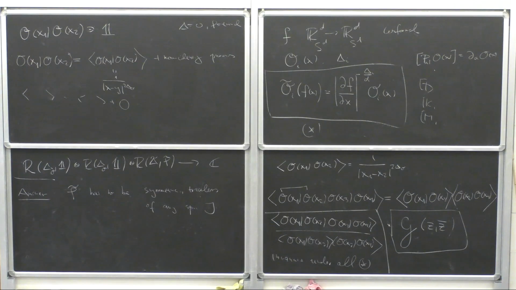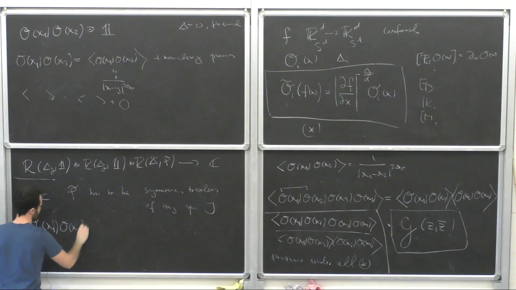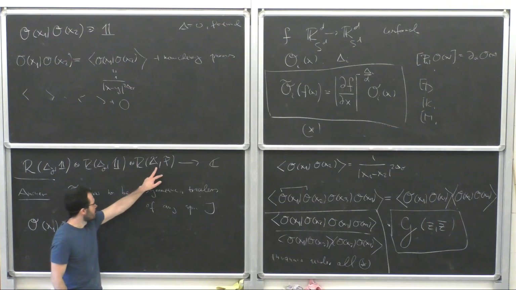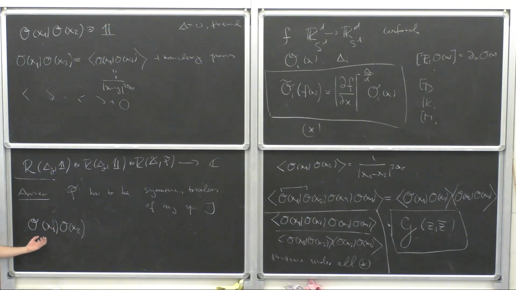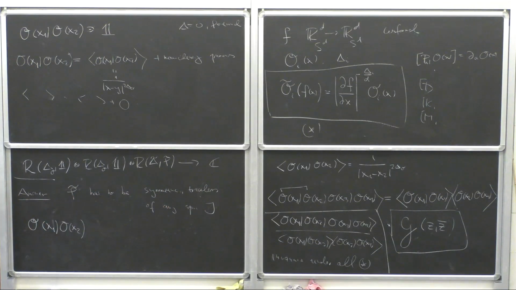Okay, let me give you a rough reason why that is. Let's write the OPE. It's basically because we can contract the indices of this operator with the position vectors x1 and x2. But the positions commute with each other, so the only way this can work is if the operator is itself symmetric.